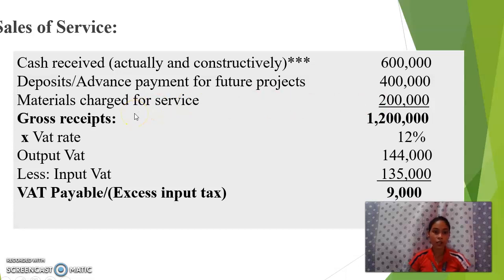So the gross receipt total is 1,200,000 times the VAT rate, which is 12%. So the output VAT is what you must calculate and collect when you sell goods and services, provided that you are registered to VAT, which is 144,000, and less the input VAT.